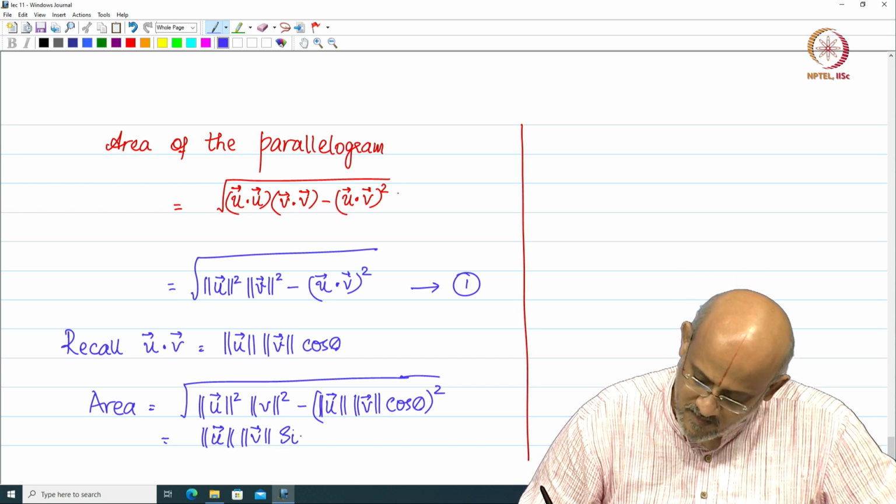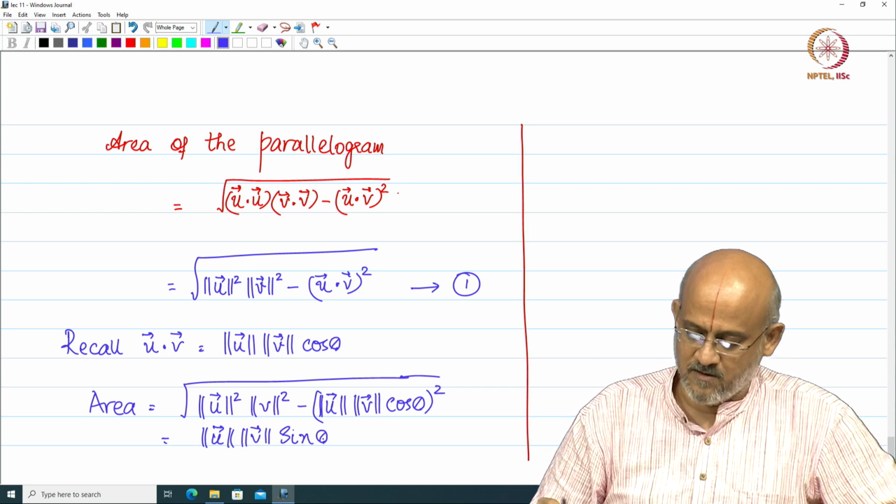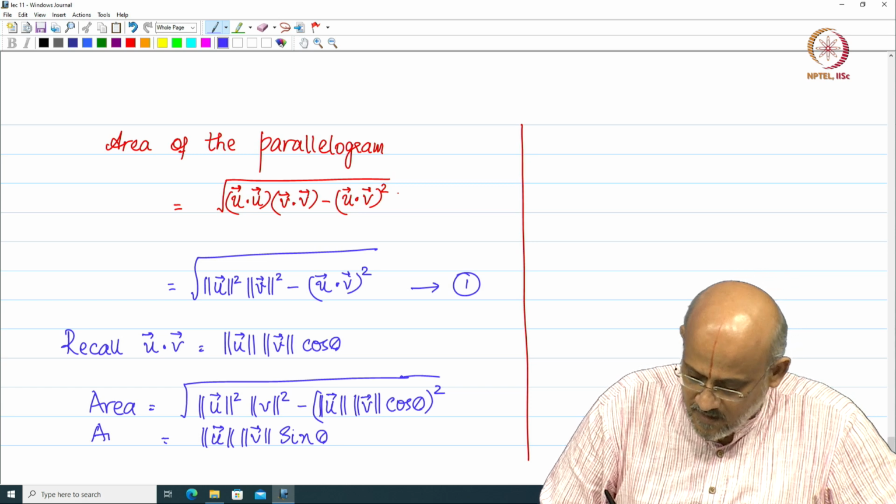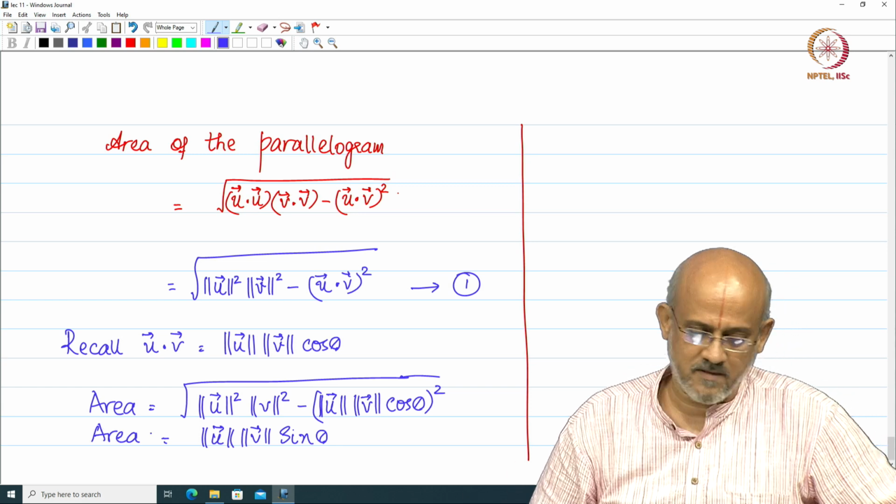So, you get sin theta. This is the area that we are going to get.